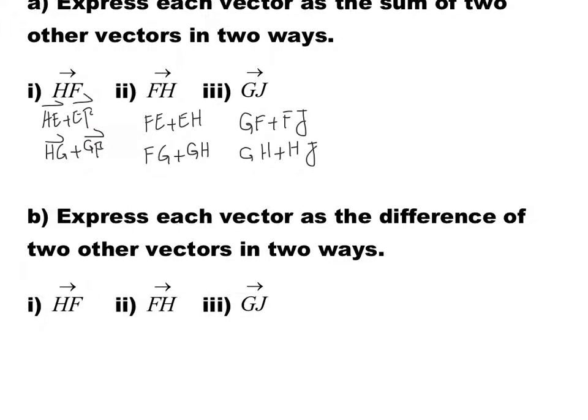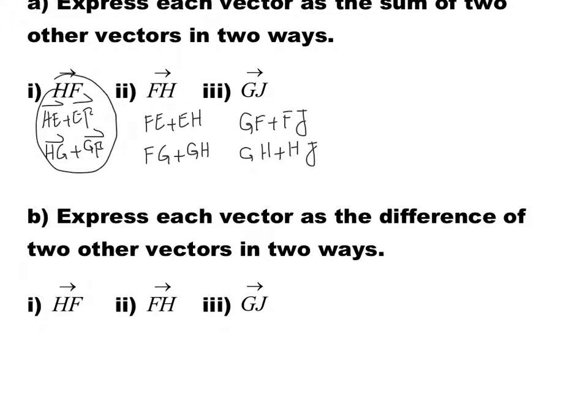The next one says express each vector as the difference of two other vectors in two ways. For the first one, HF, I look at the previous example and I see two ways of expressing it as a sum.